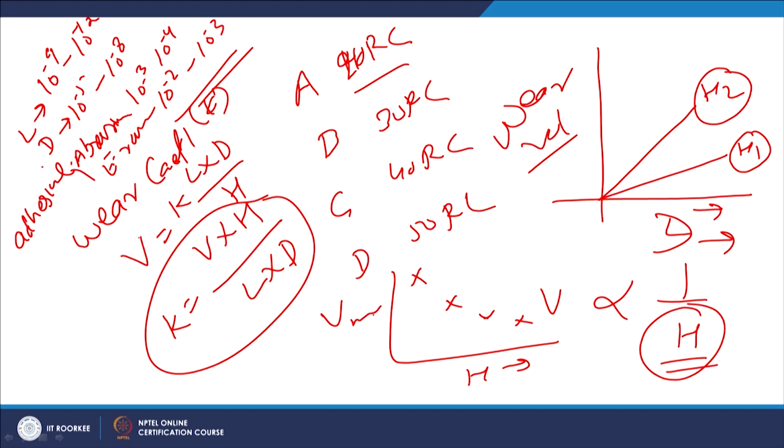So, two body abrasive wear offers a very high wear rate, that is wear coefficient, as compared to that of lubricated and adhesive wear under dry sliding conditions. So, normally the wear coefficient is found from 10 to the power minus 3 to 10 to the power minus 12 depending upon the wear rate. Most engineering components under adhesive wear conditions are designed to have a wear coefficient in the range of 10 to the power minus 10 to 10 to the power minus 12.